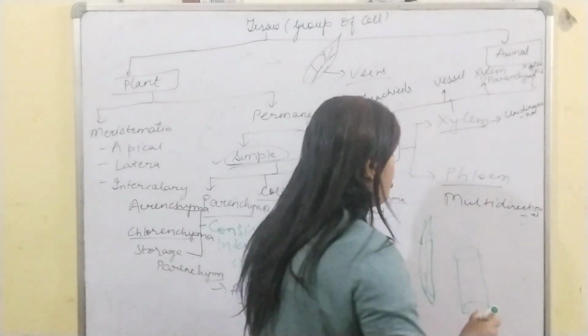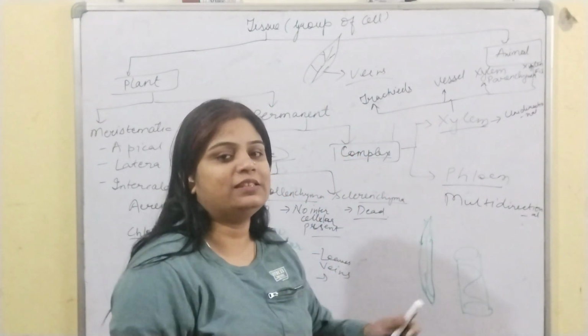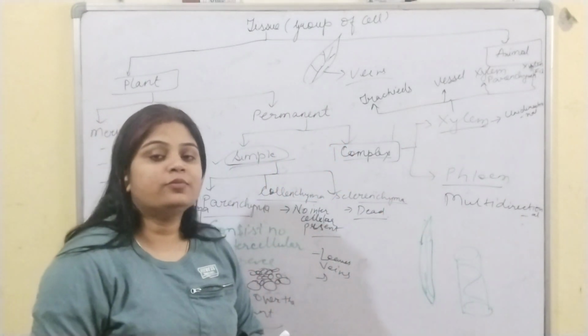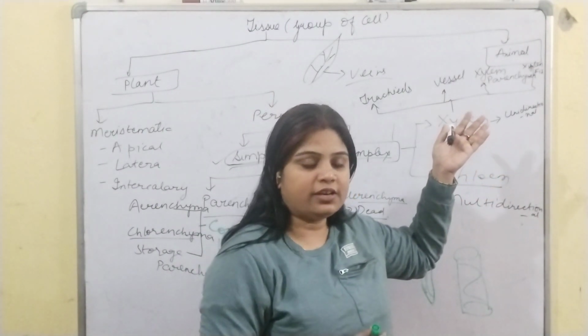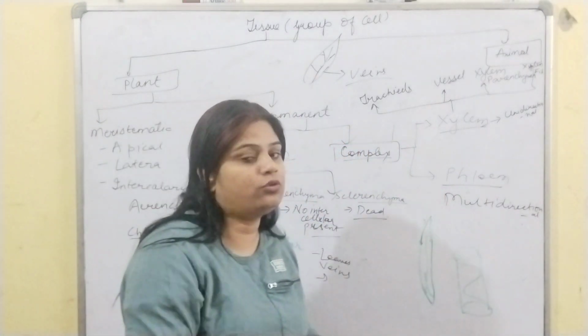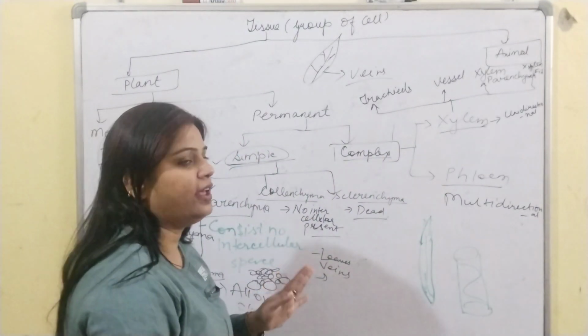Vessels are more wide, which helps to conduct the water and the minerals very easily. Xylem parenchyma helps to store food, because it is living. And xylem fibers help to provide strength to the plant. So these four types of xylem are there.